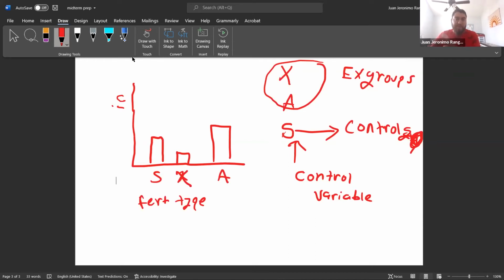So we leave the pots out the same amount of time. Anything that could maybe change the outcome or the results that we don't want to change, we want to keep the same, are the control variables. So I'll probably have you guys identify control group, experimental group, control variable for the midterm.